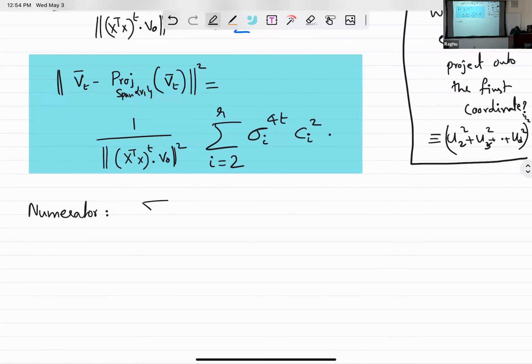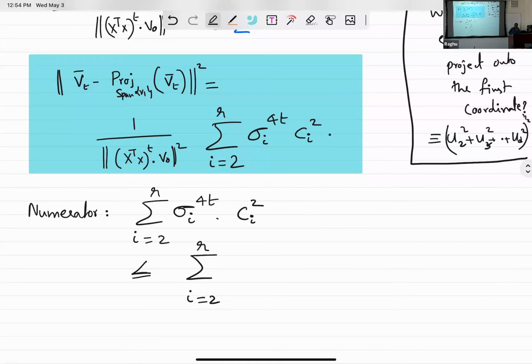which is, and I'm going to use an inequality. What do we know about all of the singular values? Except for the first one, everything is smaller than sigma 1 by this 1 minus epsilon.